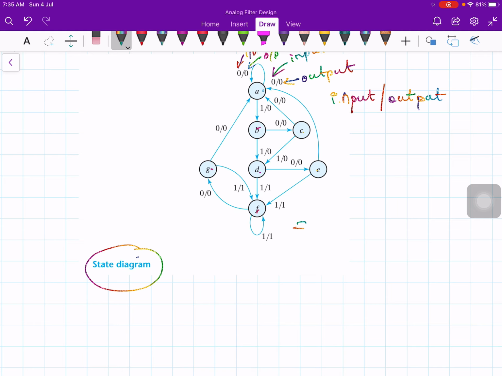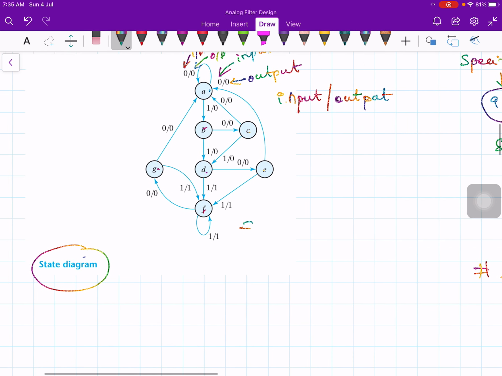So let us try to reduce the number of states if possible. Now the internal states are A, B, C, D, E, F and G.